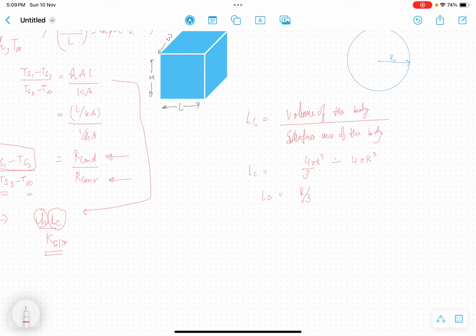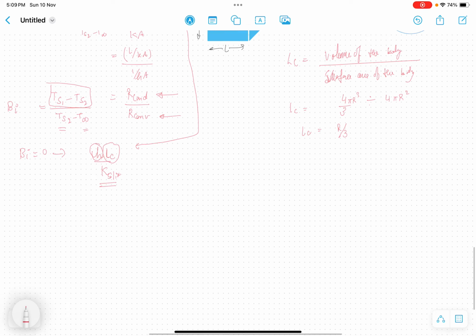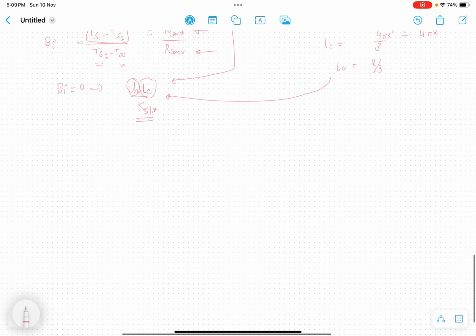All right. So considering this and that, but in reality Biot number cannot be zero. It means that thermal conductivity cannot be infinite. So we should have some limit, some practical value to consider whether the body is lumped or not.